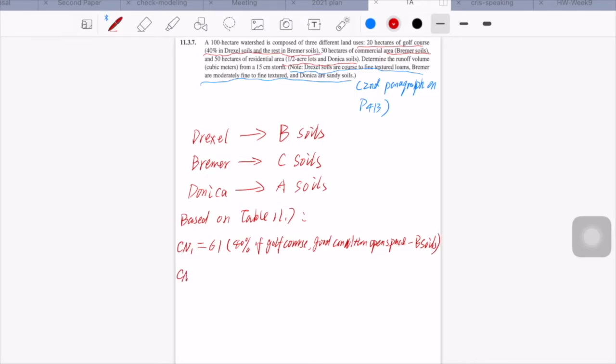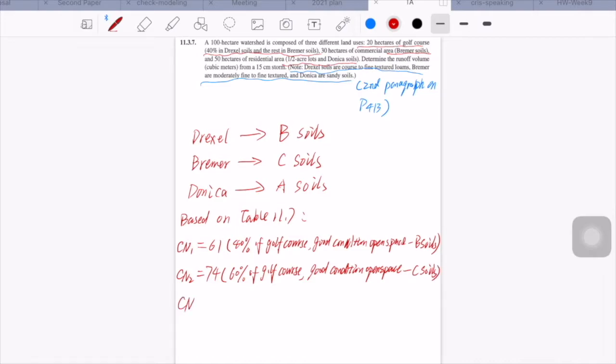And CN2 equals 74. This is for the rest of the golf course, so it is 60% of golf course, good condition, open space, and it's type C soil.